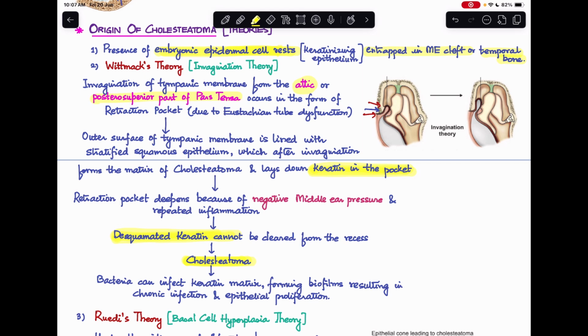Now, the outer layer of the tympanic membrane, which is lined by keratinizing squamous epithelium, starts forming the matrix of the cholesteatoma and lays down keratin in the pocket. As the negative pressure continues to persist, more desquamated keratin forms inside, and the retraction pocket ends up losing its self-cleaning capacity, leading to the formation of cholesteatoma. Okay, that's all about this.